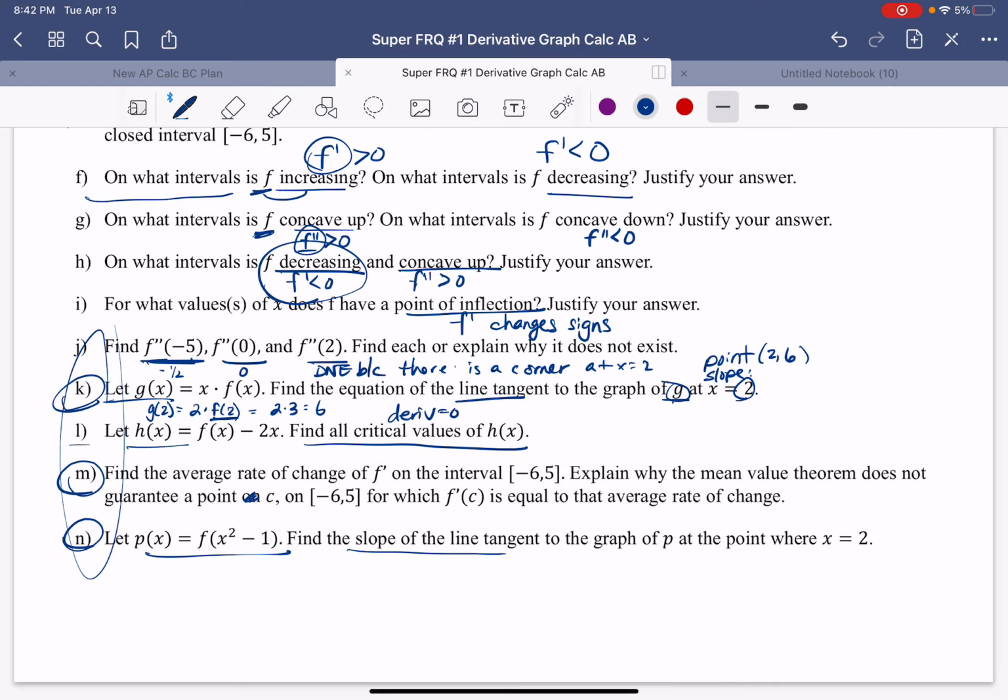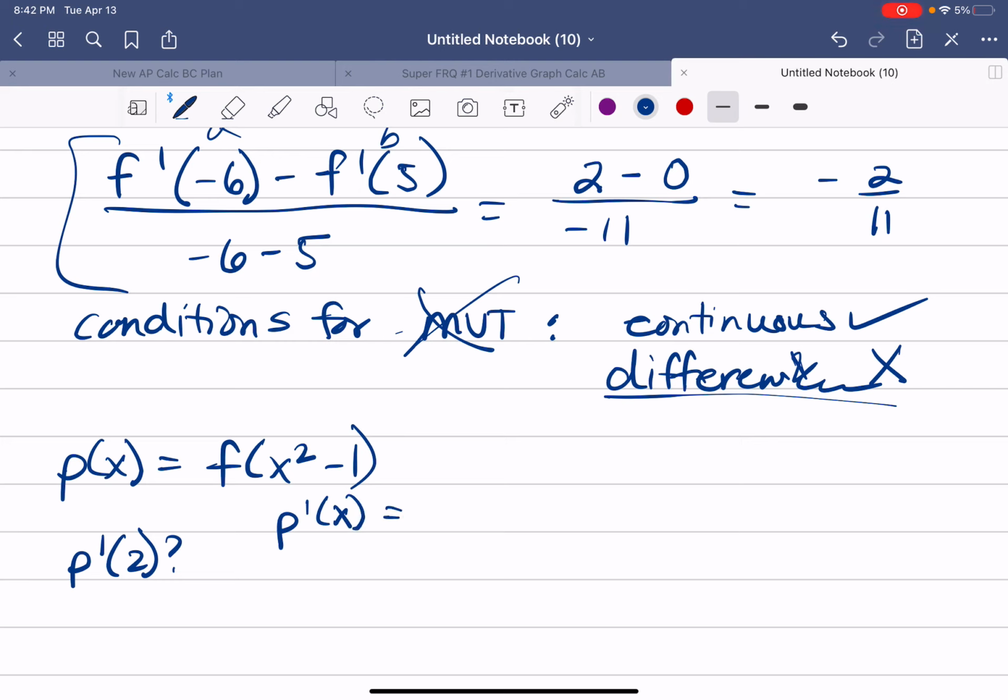Well, I should probably find what P prime of x is first. So P prime of x would be the derivative. Now again, whenever you have an expression inside a function, you have to do the chain rule. The chain rule is the derivative of the outside, keep the inside, then multiply by the derivative of the inside.